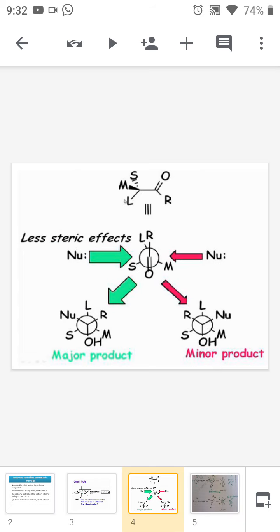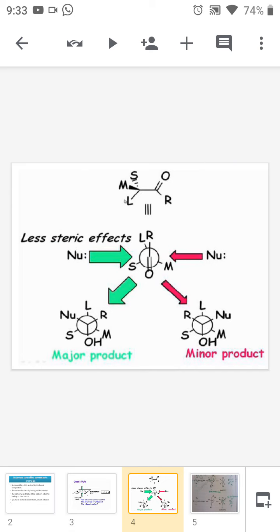And we know that if you are doing the nucleophilic addition, there are two possibilities, and I have shown these two possibilities here. But the difference in configuration of these two products is not in the already existing chiral carbon atom. The configuration of the already existing chiral carbon atom remains the same.